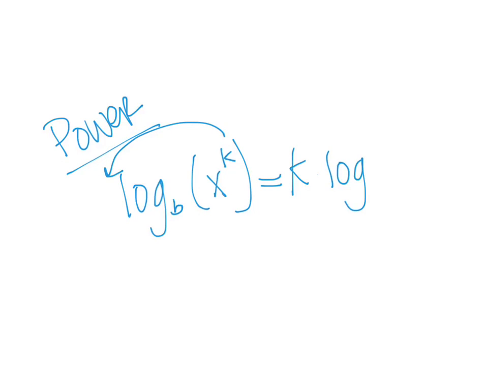And then my final rule that we had was the power rule. That said, if I had log base b of x to the k, I can take that k, bring it down to the front, and it's k times log base b of x.